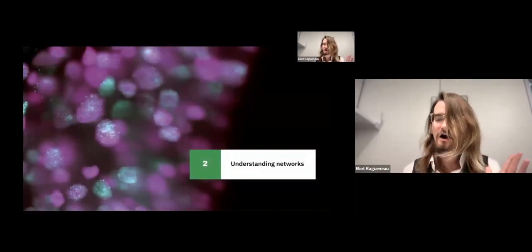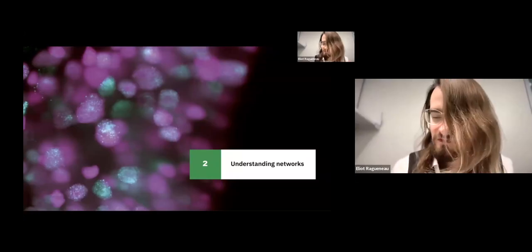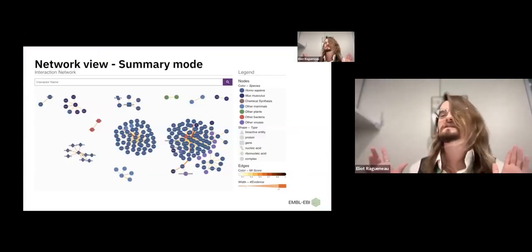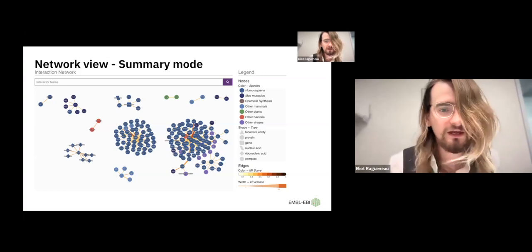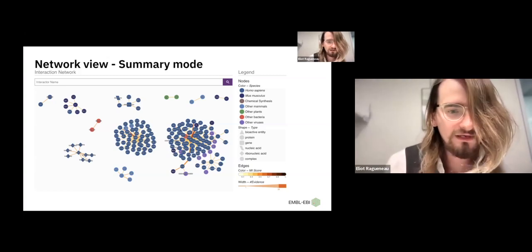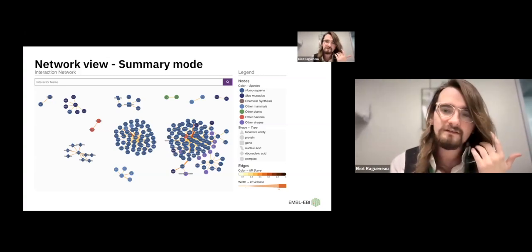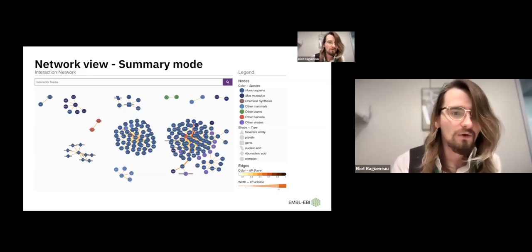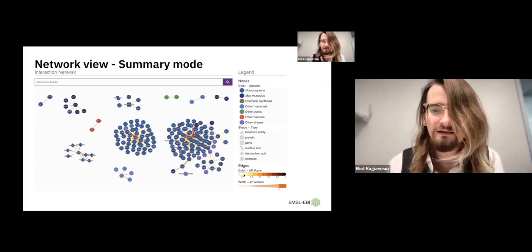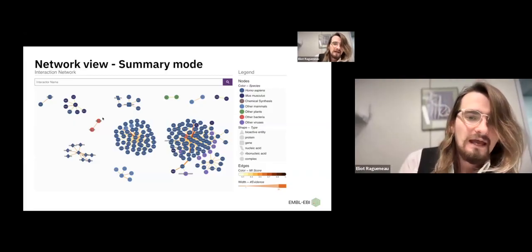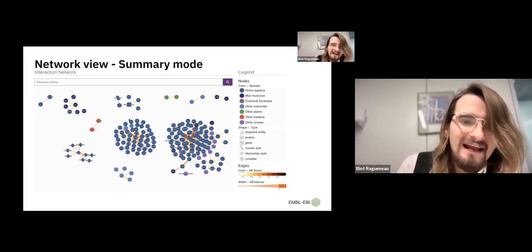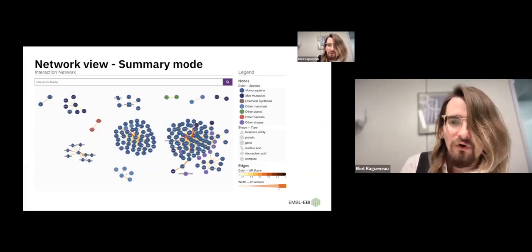Okay, so now let's see how you can understand the network that we built. This is a typical result that you get from, in this case, querying for hexokinase 1 within IntAct. You can see that you have many different nodes of different colors and shapes and different edges. So first, let's go through the node colors. Most of them are light blue.